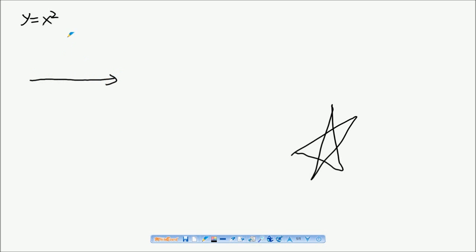If I draw the graph of this equation, it will look like this, with x and y. The turning point here is at the origin. The domain is R.